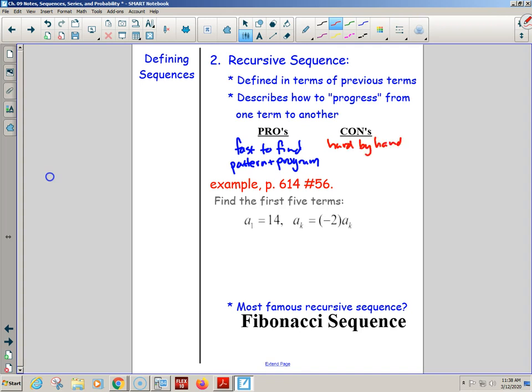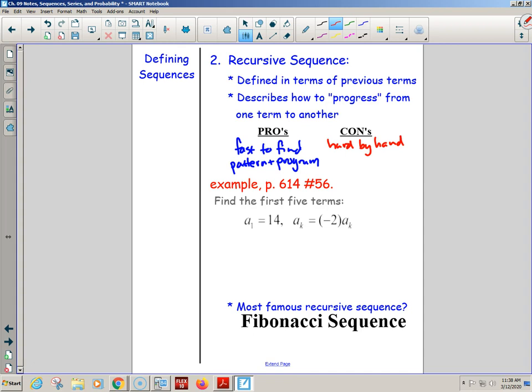Not for the next term, but for the 100th, 1000th, 5000th term. No thank you, I don't want to do that by hand. And depending on the strength of your calculator or your device, it might take a while. Oh my goodness, that's not annoying at all.